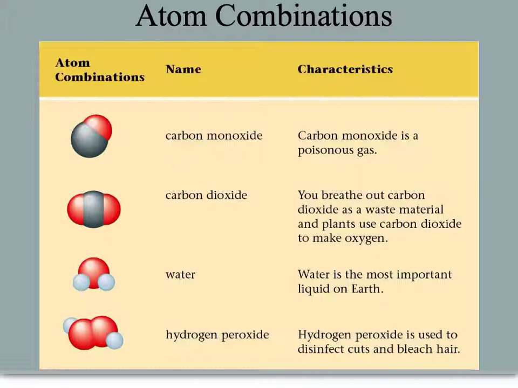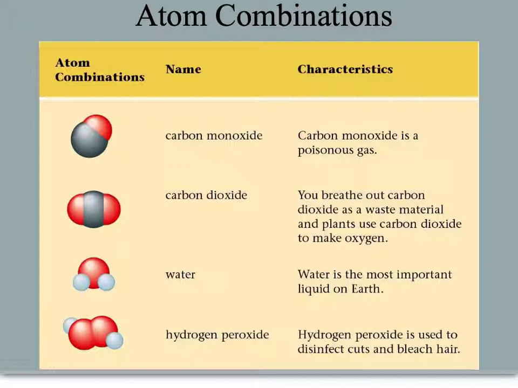This slide is showing just a handful of different ways that oxygen can combine with other elements, and depending on how many oxygen atoms are present, and what other elements are present, you can get very different properties.